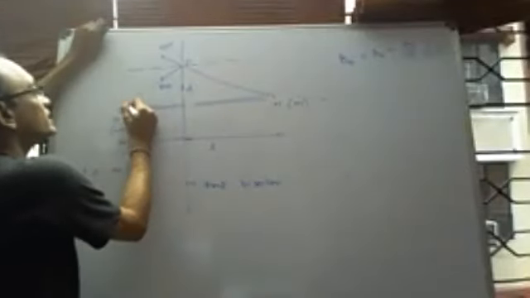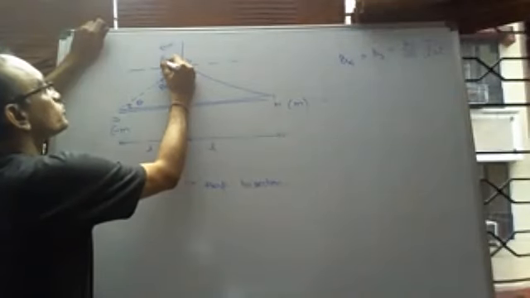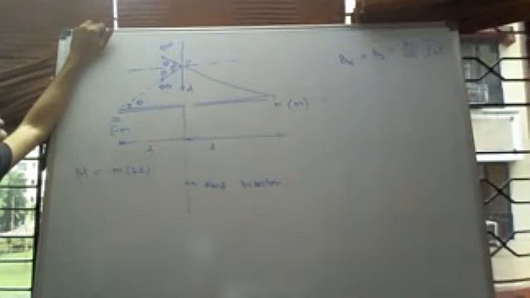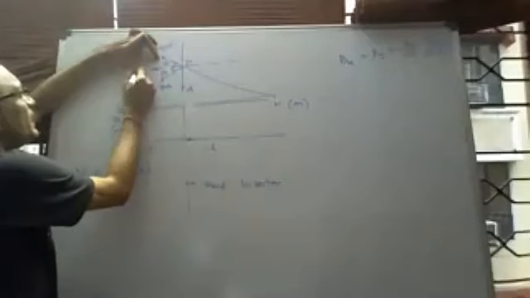If this angle is theta, this will also be theta, and this will also be theta. Yes or no? Bs will be like this.